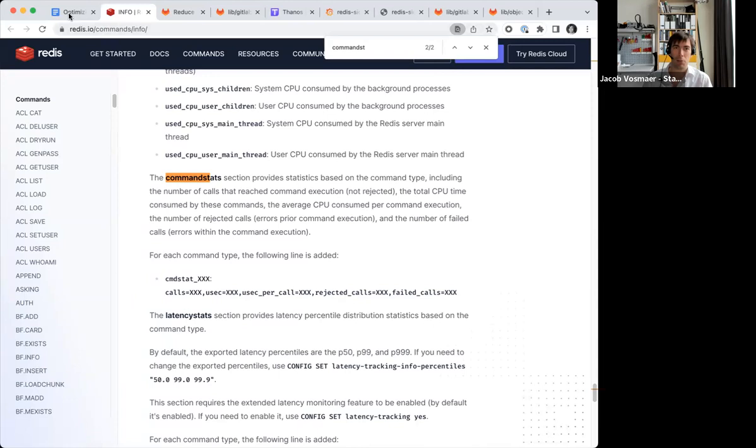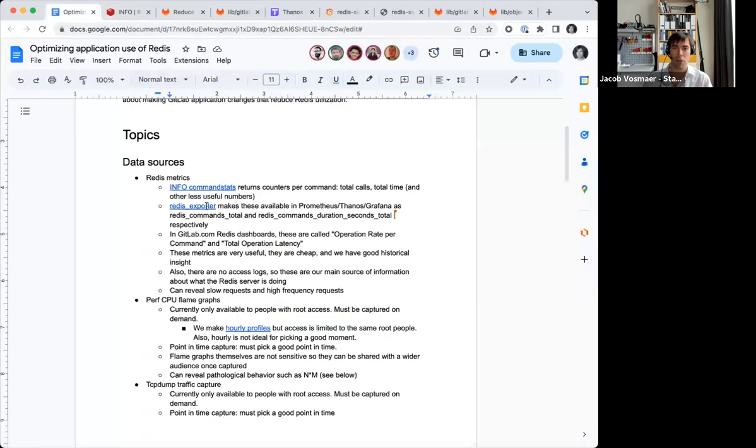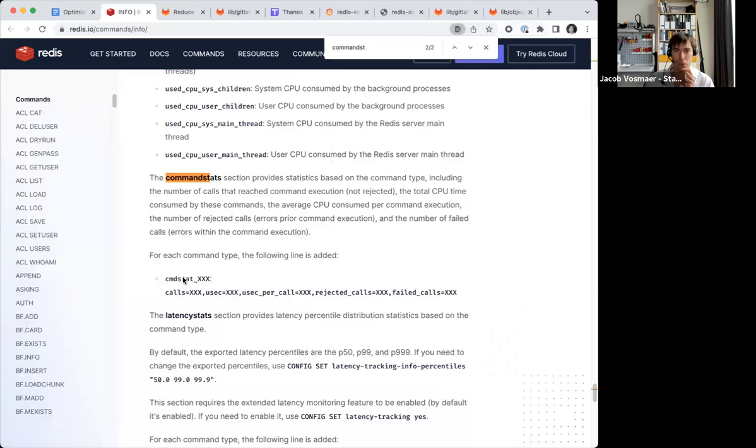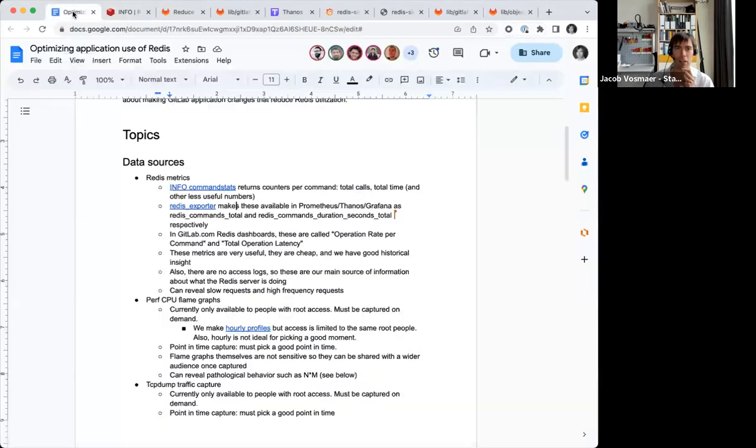On GitLab.com production, we use something called Redis exporter, which reads these metrics from Redis and exposes them as Prometheus metrics. We scrape that into our Prometheus setup, and then we can query them. And they change names. In Redis, they're called cmdstat_, so this might be get for get metrics.